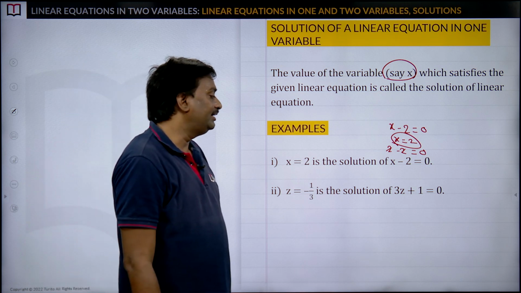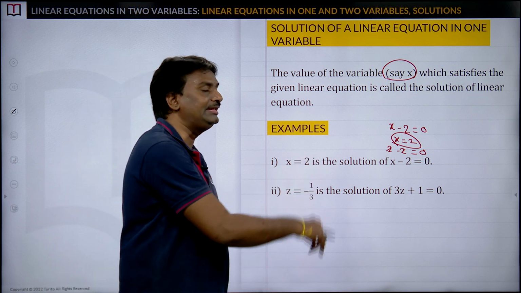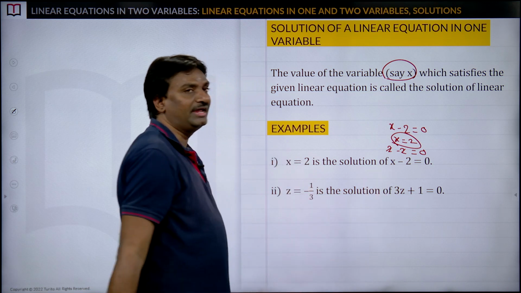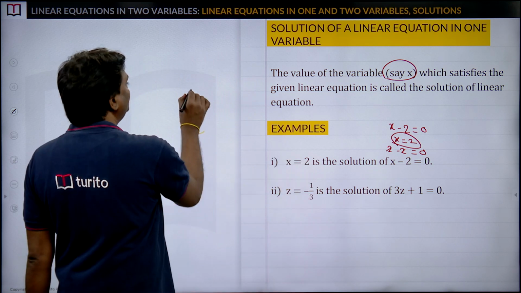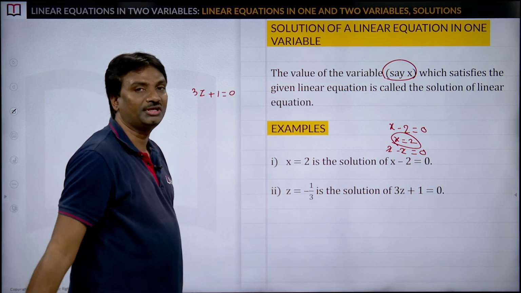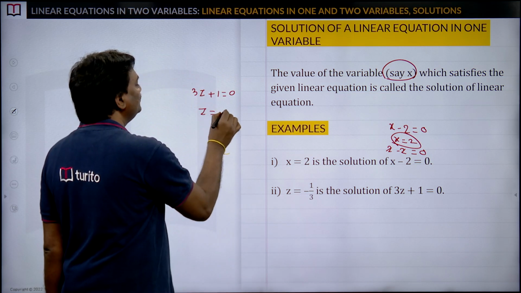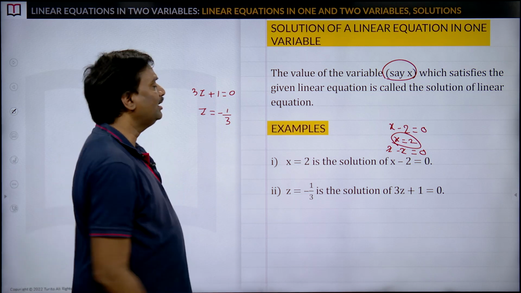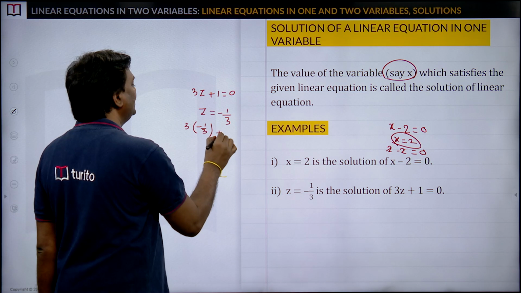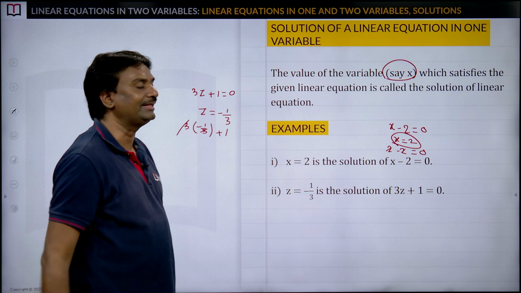Second one, z equal to minus 1 by 3 is the solution of the linear equation 3z plus 1 equal to 0, where the variable is z. Here we have the equation 3z plus 1 equal to 0. In place of z, if we write minus 1 by 3, then 3 into minus 1 by 3 plus 1, where the 3 in numerator and denominator get cancelled.